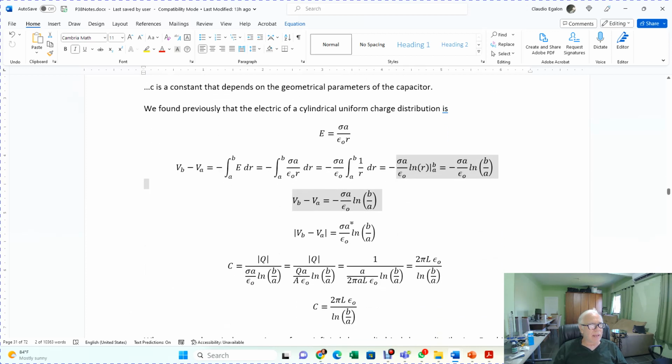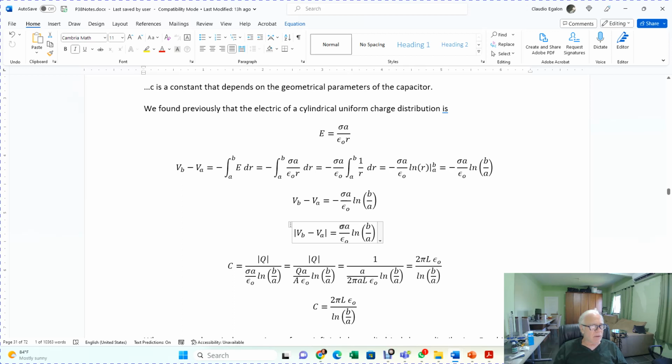But let's not forget that sigma is a function of the charge, right? Here you go. Sigma is going to be Q divided by A, capital A for area, lowercase a for the radius, log epsilon naught log B over A. Okay, Q, just like before, cancels out.